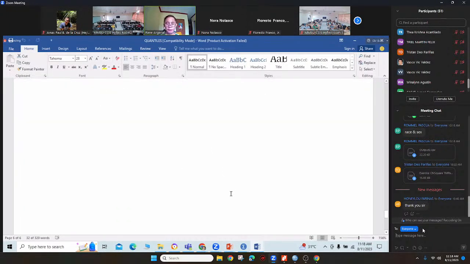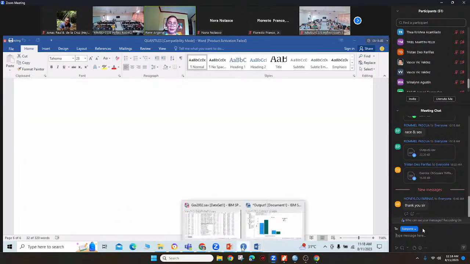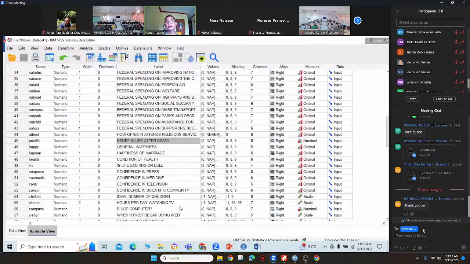Question: sir, how do we treat outliers in the data set? Actually, some outliers provide us useful information. There are companies that would like to know the outliers to make decisions.